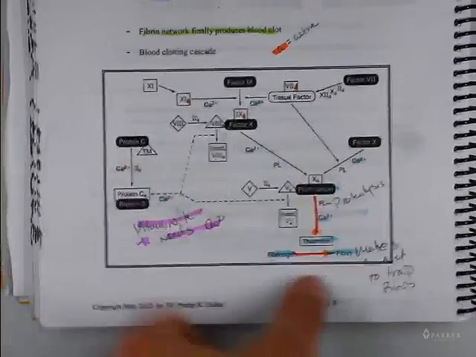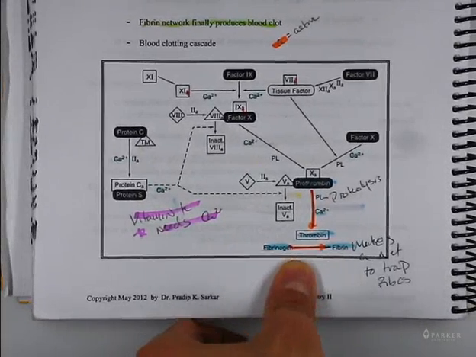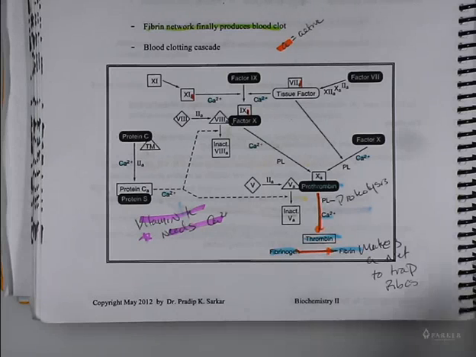Remember, pro and ogen are inactive forms, so we get these cleavages to make them active. Fibrin is a fibrous net that starts to catch red blood cells, white blood cells, and forms a clot. That's why we get a clotting cascade. All you need to get out of that: 2, 7, 9, and 10, calcium dependent, vitamin K dependent, indirect effect on gamma carboxylase.